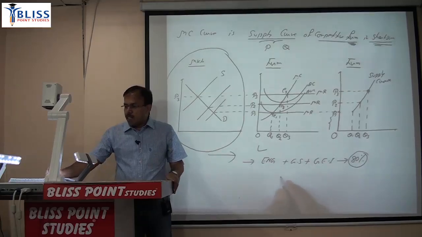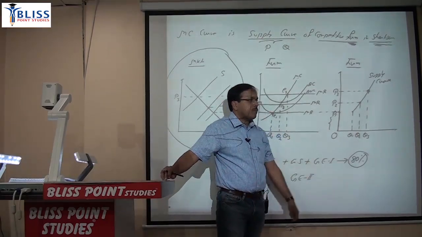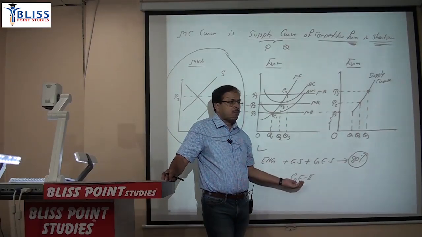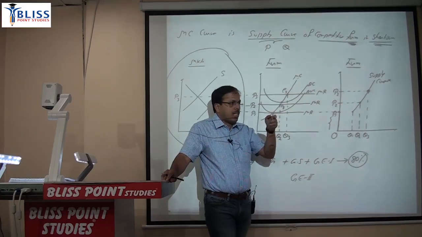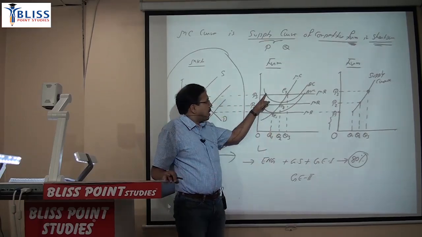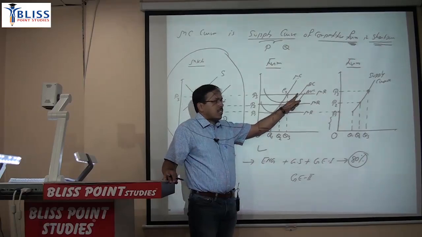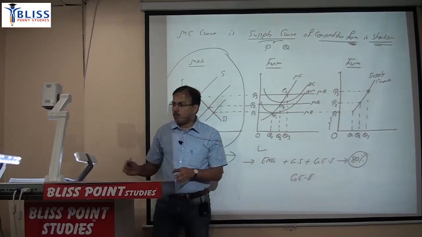The idea of marginal is the additional. So if I make General Economics second paper as additional, when will this average improve? When the new score is more than 80. If AC is falling, it means you are adding less, so MC value will be lower. As long as the average is falling, MC is lower. And when AC is rising, it means now you are adding more, so average will rise. That is the simple logic.